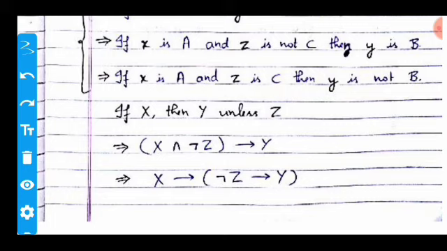So it is represented like X and not Z implies Y, meaning if X then Y unless Z, and the other representation is X implies (not Z implies Y).